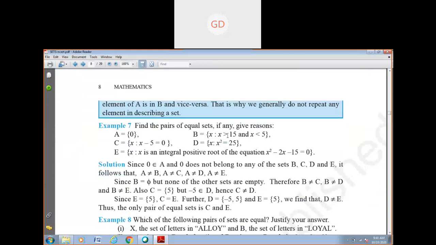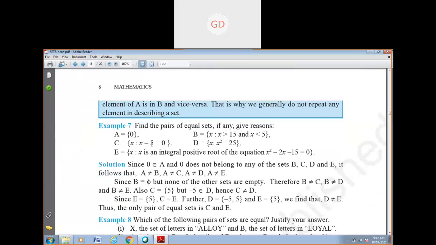And B is x such that x is greater than 15 and x less than 5. Is there any value which is less than 5 and greater than 15? No value exists, so B is the empty set, null set.